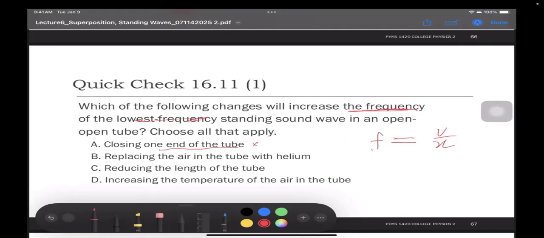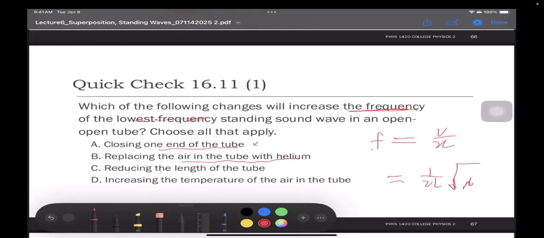And replacing the air in the tube with helium, which means what? Let's write this one over 2L, sorry, T here.